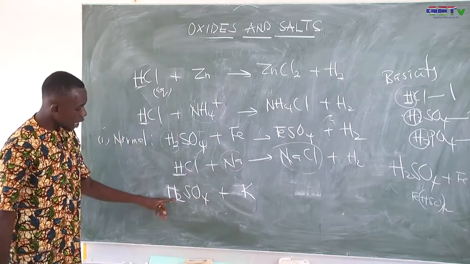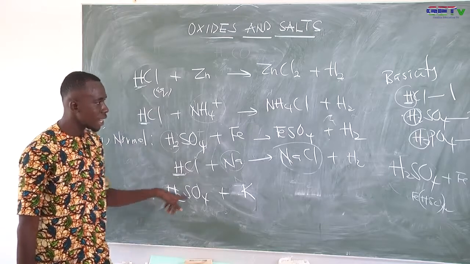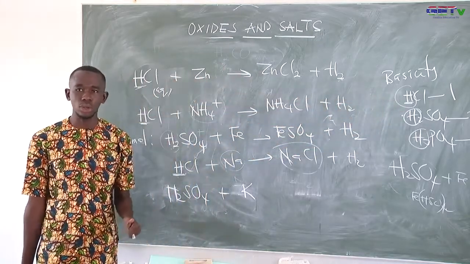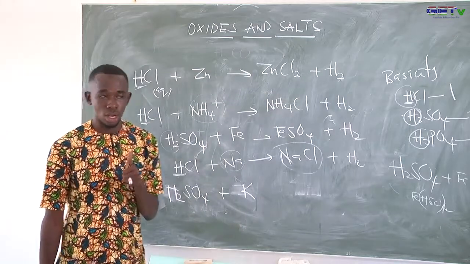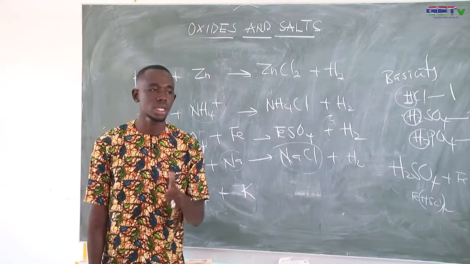Yes, you see I'm using dibasic acids, because only dibasic acids and tribasic acids can form acid salt. Monobasic acids cannot form acid salts, because they only have a single replaceable hydrogen ion.